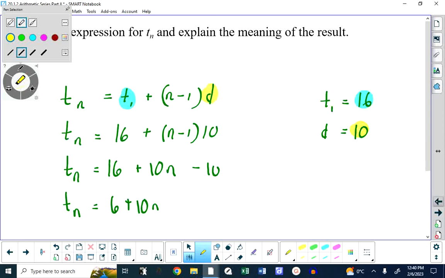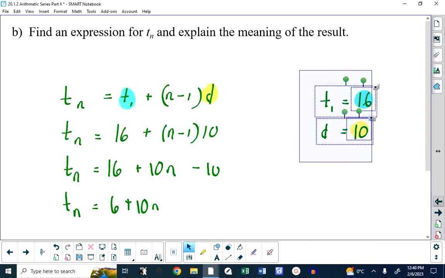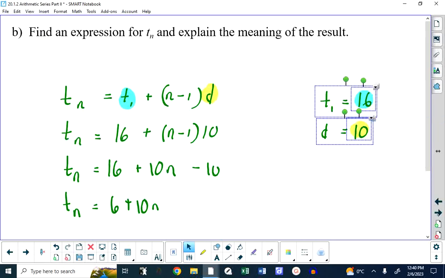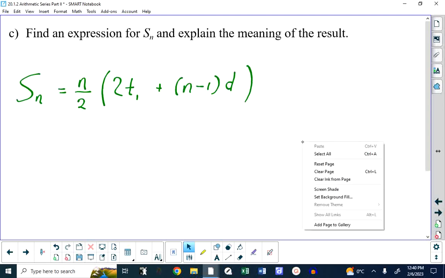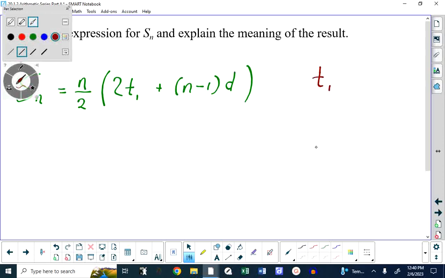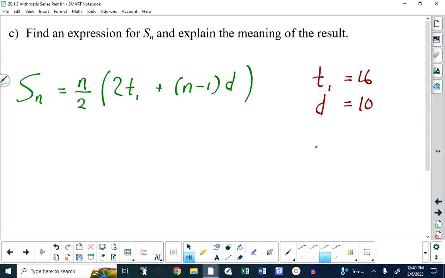Well, let's do the same thing with our sum formula. So T1 is 16, D is 10. I'm going to put 16 every place there's an N. Sorry, I'm going to put 16 every place there's a T1.